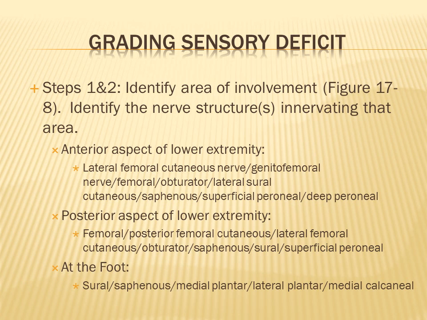And then down in the foot, the sural nerve contributes to sensation of the foot, the saphenous, the medial plantar nerve, the lateral plantar nerve, and the medial calcaneal nerve. So it's up to you, doctor, to determine which nerve you think most appropriately is involved or most appropriately describes the area of involvement that your examinee is reporting.